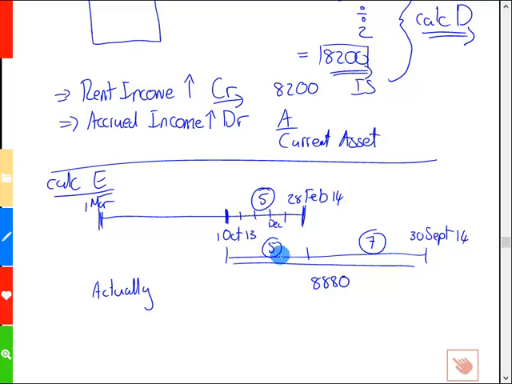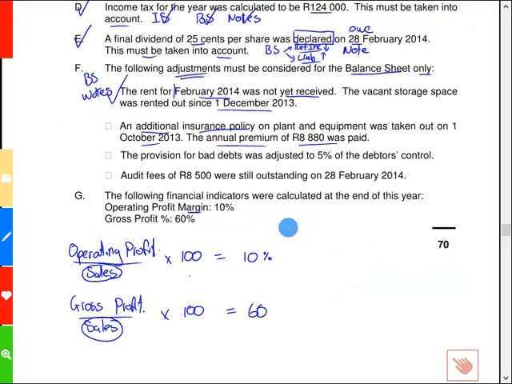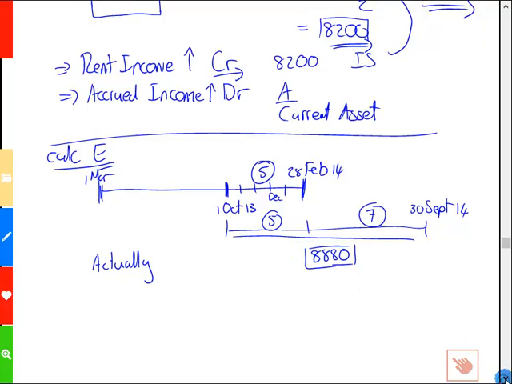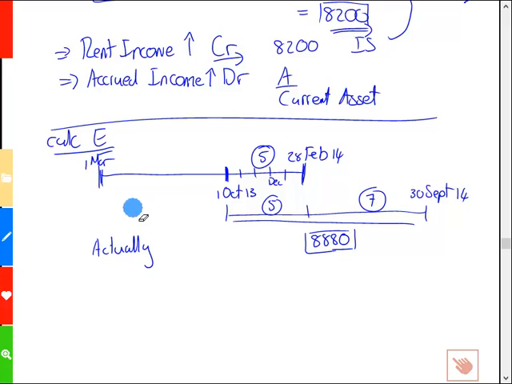Okay, so this 8,880 is the annual premium. How do we know that? It said here, the annual premium of 8,880 was paid. So if that's the annual premium, what is the monthly amount? Divided by 12, that's going to give us the monthly amount.